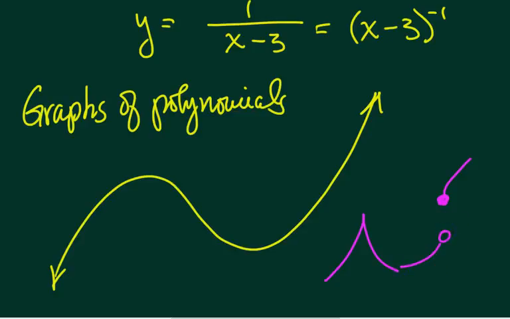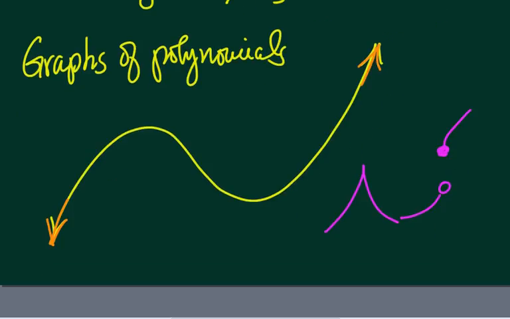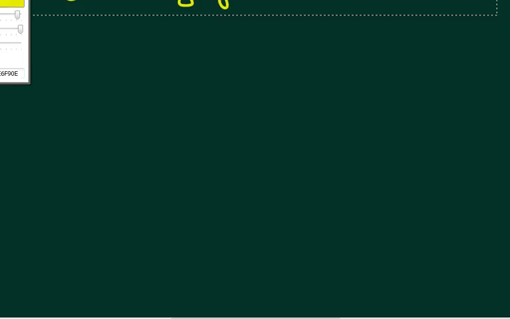And notice also that this one goes on forever at both ends. That leads us to the next fundamental thing about polynomials, and that is that the domain of every polynomial is all reals. Okay, now that we have seen a few examples and counterexamples, let's get to the definition.